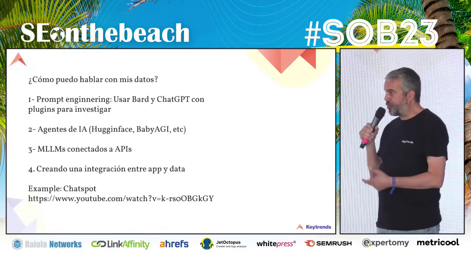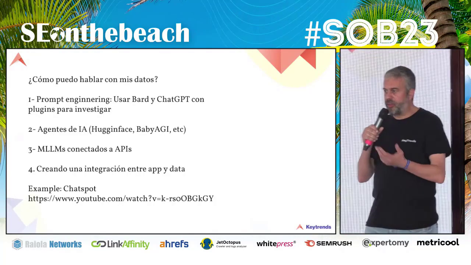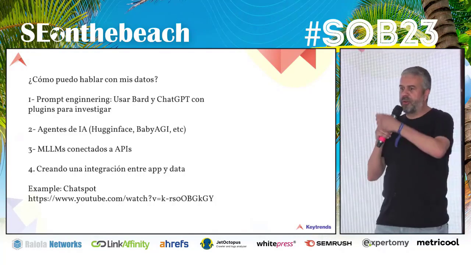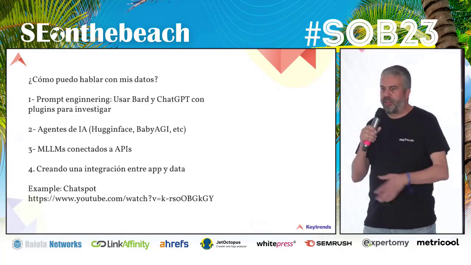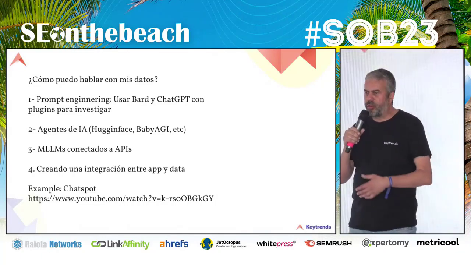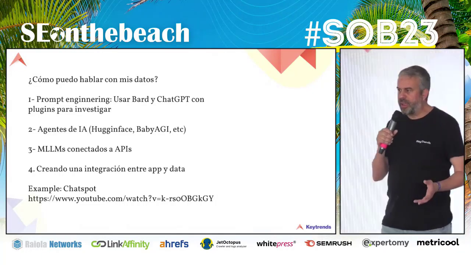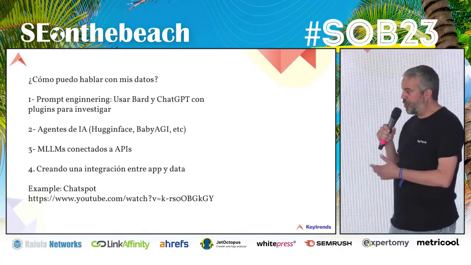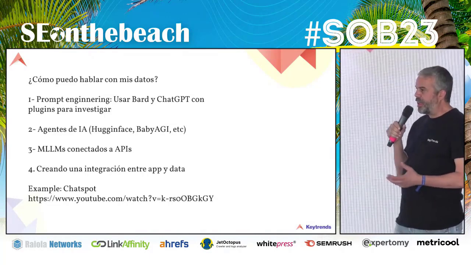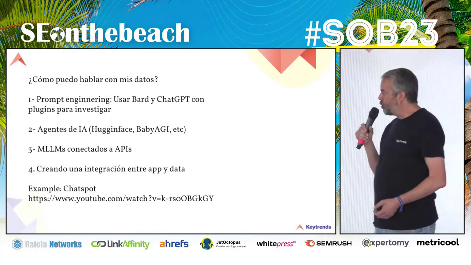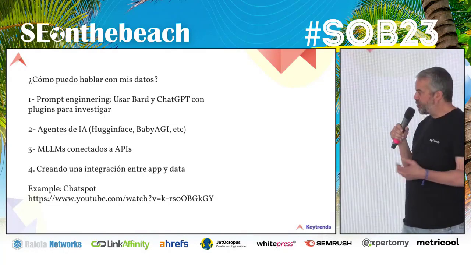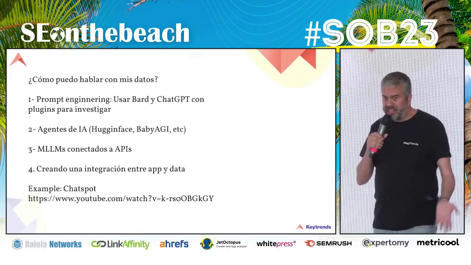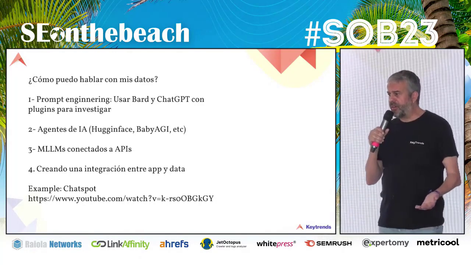Here we have some different ways of communicating with the data. So you can use ChatGPT-4, which makes things a lot quicker and more accurate. You can also use LLM systems connected with APIs.